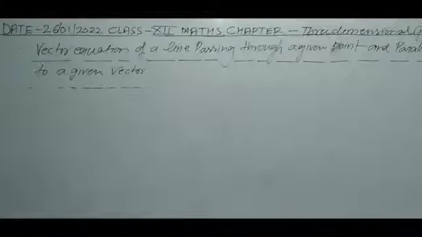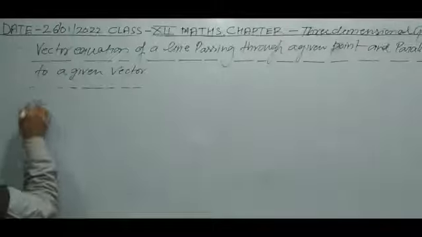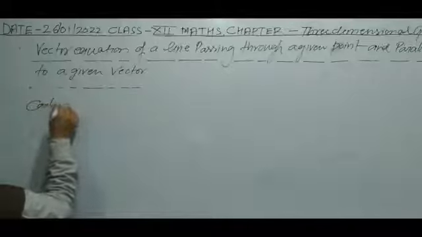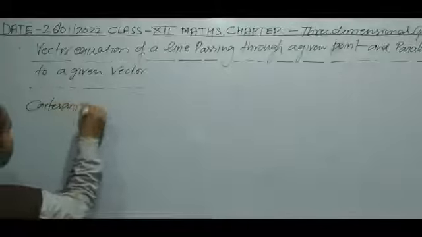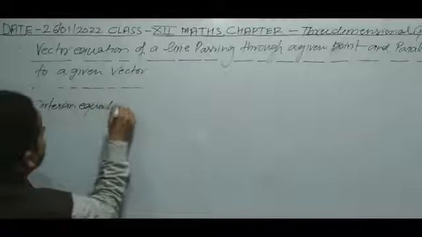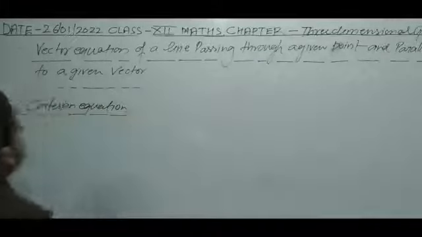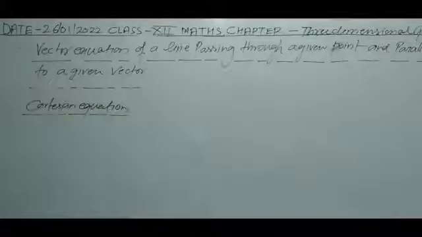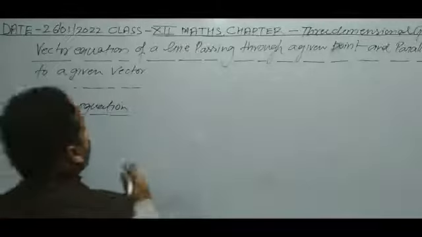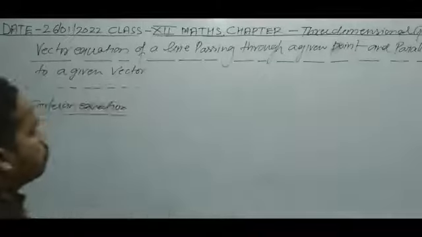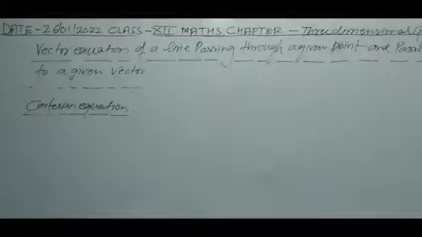Vector equation of a line passing through a given point and parallel to a given vector. Now how will you convert it to the Cartesian equation?